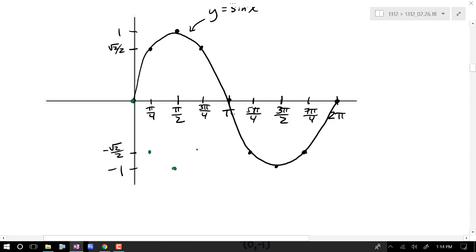And at 3 pi over 4, negative root 2 over 2. I'm just taking each of those values we found and plotting the point that goes with it. At 3 pi over 2 would be a positive 1. At 7 pi over 4, we're down to root 2 over 2. And then at 2 pi, we're at 0. And so negative sine x looks kind of like this.